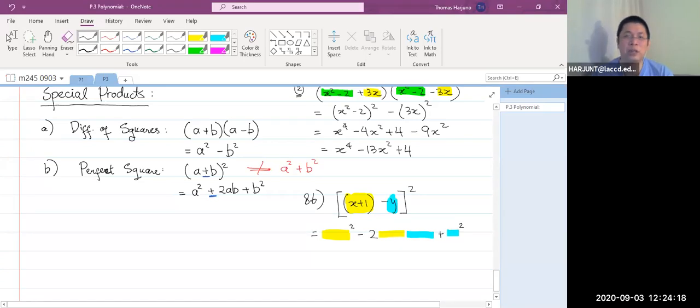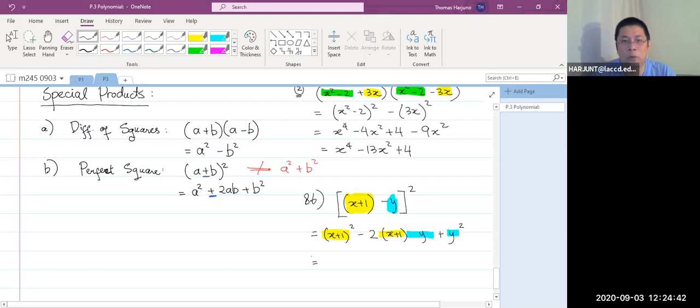I hope you see that pattern. And this will be (x plus 1) squared minus 2 times (x plus 1) times y plus y squared.